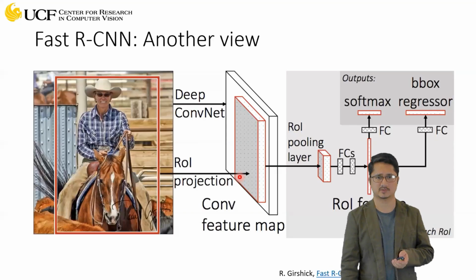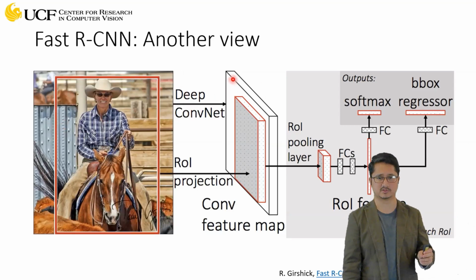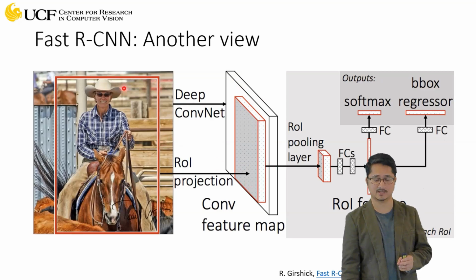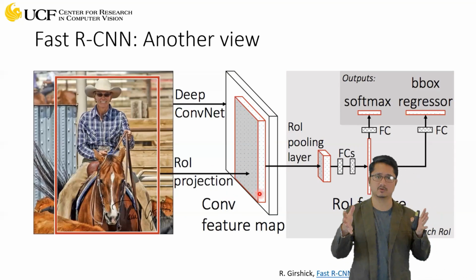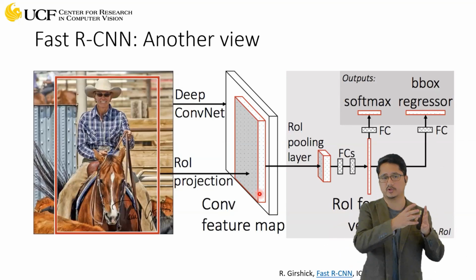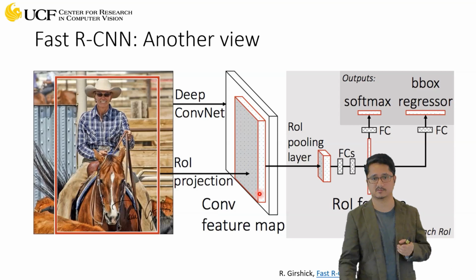Okay, so it will look something like this given your input image. Let's say if this is your region proposal, you will first extract features from your image and then apply this proposal on that feature map. So we'll have to do some kind of scaling, because the resolution of your feature map will also reduce, right, corresponding to your input image. So you'll have to perform the same kind of scaling to your bounding box as well.